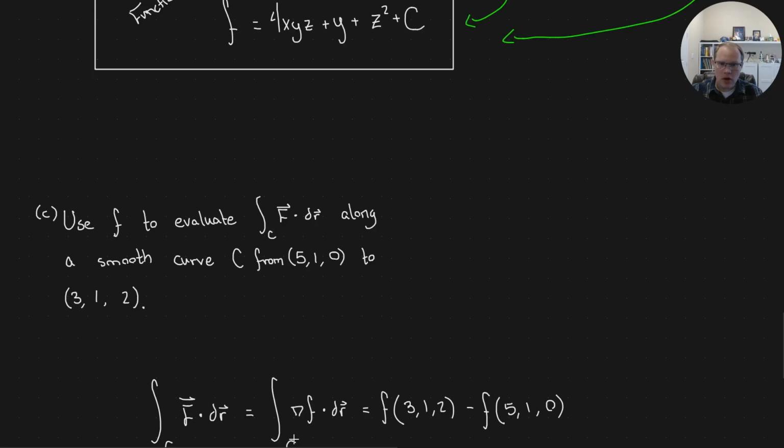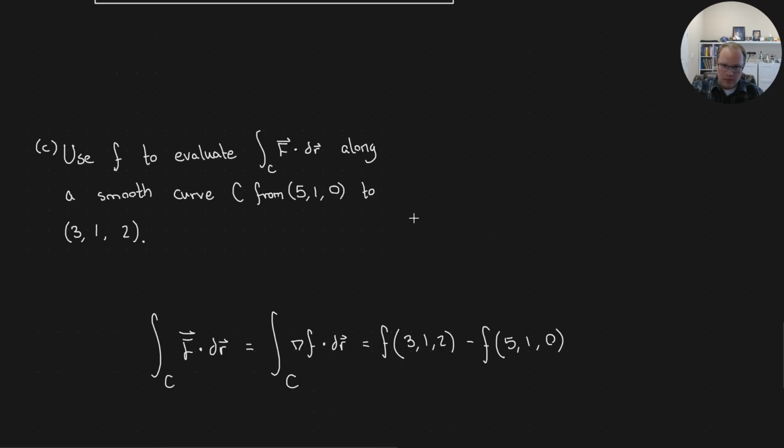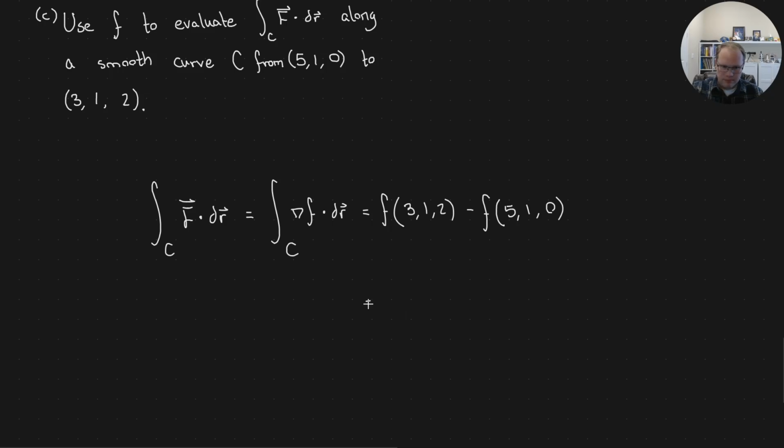Okay, so we have our potential function. Let's plug in. It was 4xyz plus y plus z squared, and then plus c, but any choice of a constant c would work.